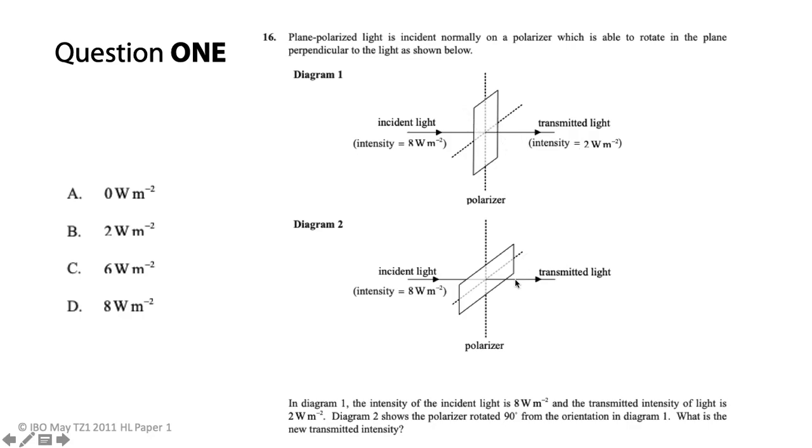I mean, if this was to be 0, then this would be 8. It can't be 2, because it can't be the same if it's being rotated through 90 degrees, and it can't be 8, because if it was 8 here, then it would have to be 0 here. So the only possible answer here is, as we just saw, C, which is 6.